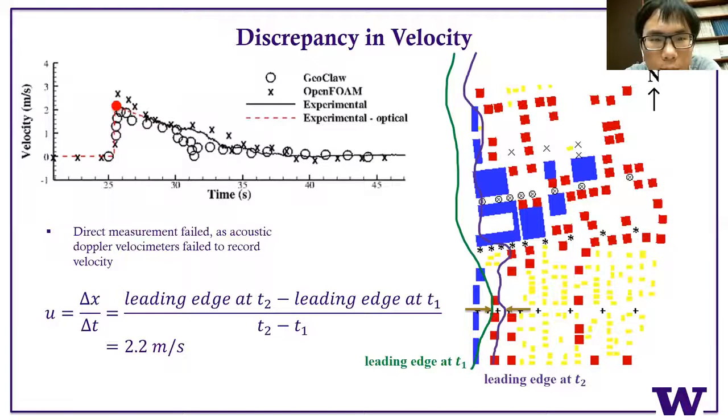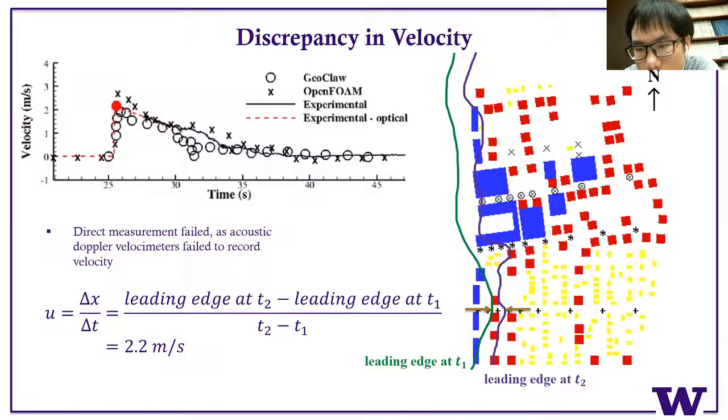But the data represented by the red dash line is not from the velocimeter, because in the experiment there are so many errors in the edge of the ball, so the velocimeter actually failed to record the results consistently between different trials. So here is how they get the data represented by the red dash line instead.